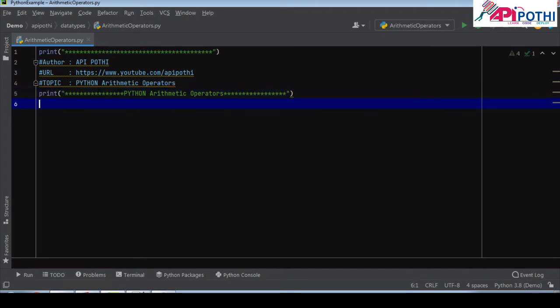Now we are going to perform the first operation, called addition.